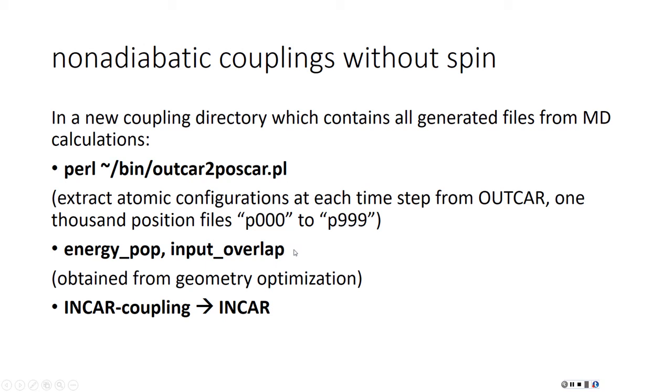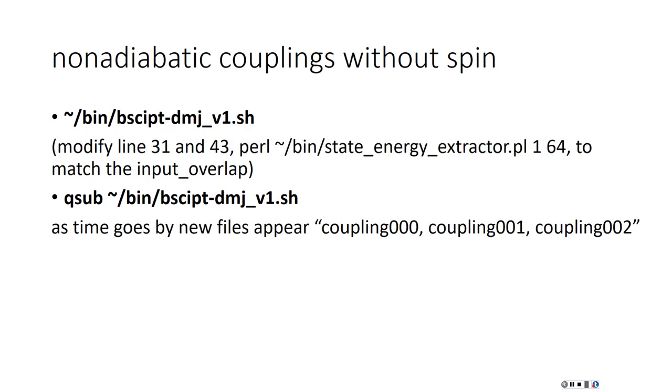We also need 2 additional files: the energy pub and the input overlap. We can get these 2 files after we are done with the geometry optimization. We also need the INCAR for coupling. This is also in the bin on the HPC. Finally, we need a specialized script, and we need to make 2 modifications at line 31 and line 43.